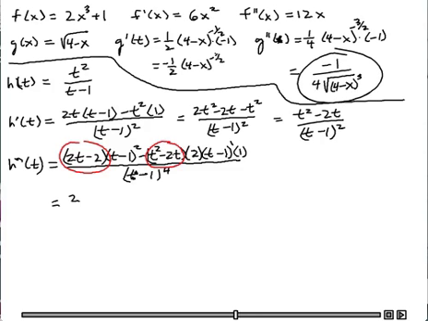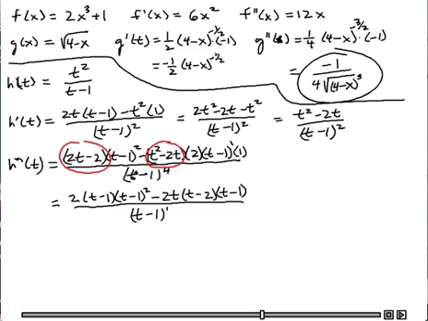So I'm going to have 2(t minus 1) times (t minus 1) squared minus 2t times (t minus 2) times (t minus 1) all over (t minus 1) to the fourth.